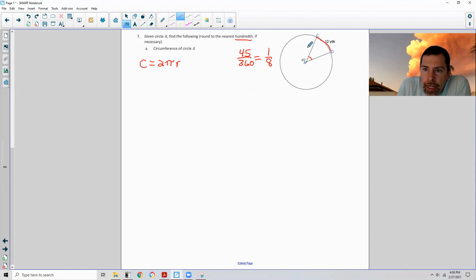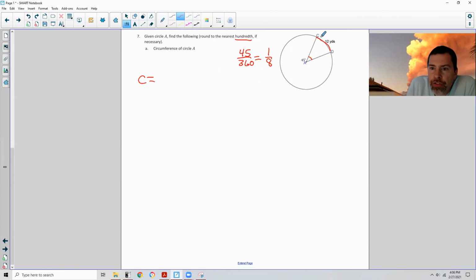So if this is 1/8, then I take 12 yards and I multiply it by 8. So my circumference is 96 yards. Not really much of a calculation here. If I showed my work, I'm not going to use the circumference equation 2 pi r because I don't know the radius.